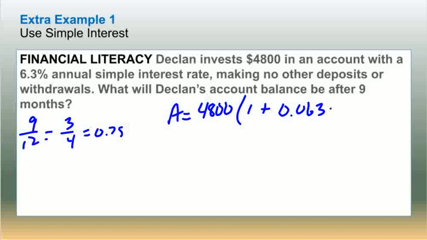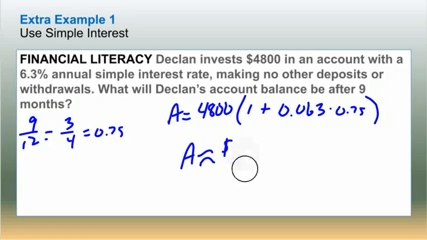So we have 4,800 times parentheses 1 plus 0.063 times 0.75, and the account balance would be $5,026.80.